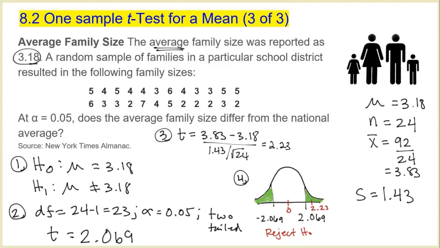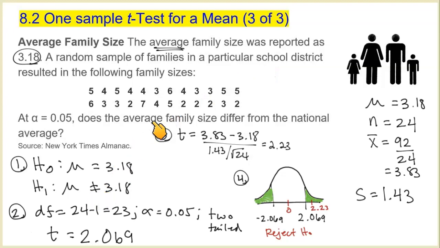So when we do our summary, does the average family size differ from the national average? Well, since we are rejecting the null, at least for this particular school district, that would be yes, the average family size does differ from the national average. So essentially, our null hypothesis is saying there is no difference between the true mean in this particular school and the national average, versus the true family size of this school not being equal to the national average.